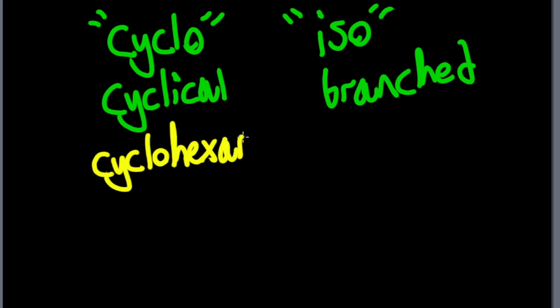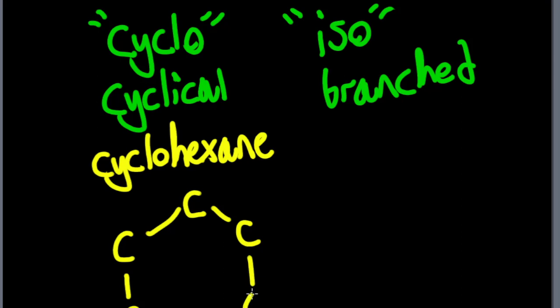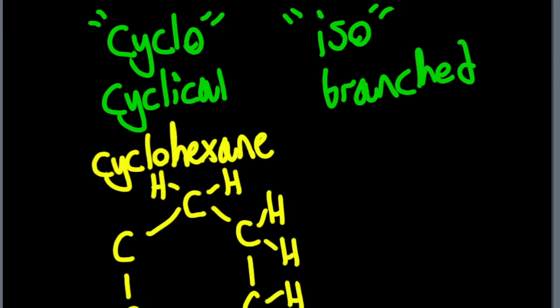So if I have cyclohexane, I'm going to have 6 carbons, but they're going to be in a cyclical structure. And I can draw my hydrogens because carbon always needs 4 bonds. You will see that throughout this whole chapter.